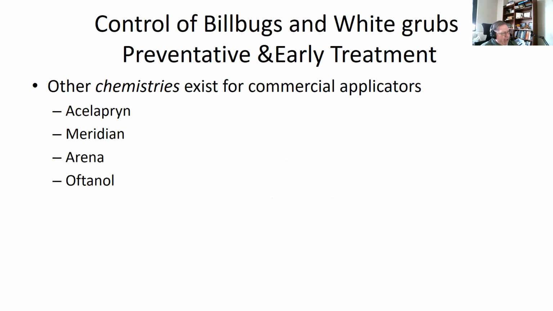It has to go down now, but if it's put down correctly at the correct rates, it should last the entire season. You'll pay a little bit more up front, but if you want something that will do a good job and be the least harmful to pets and to little kids, this acelepryn is the safest of all of these products.